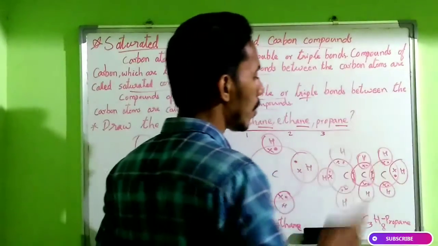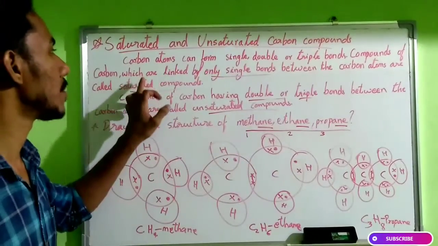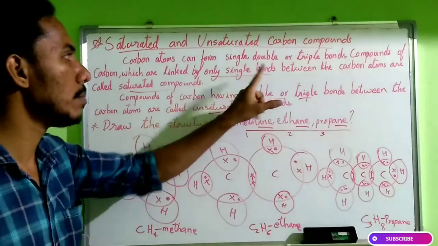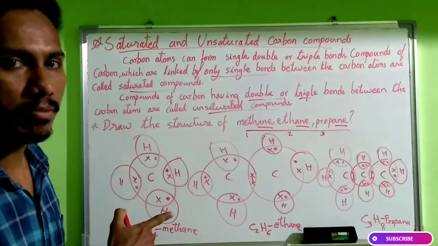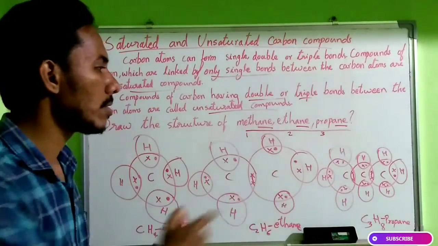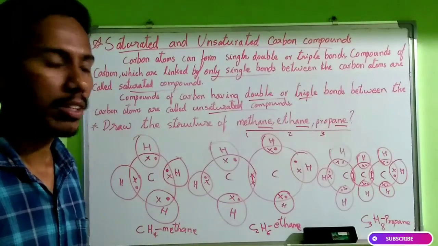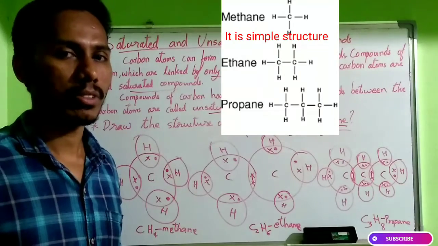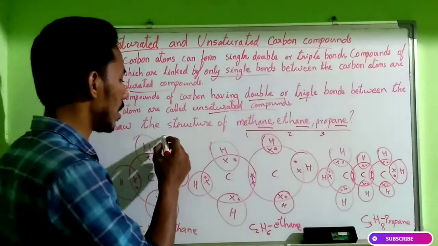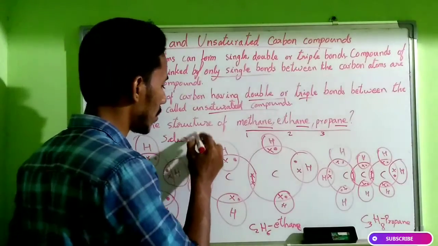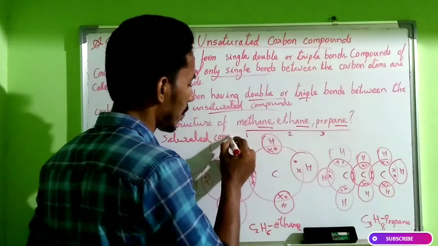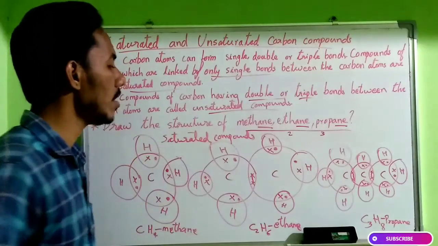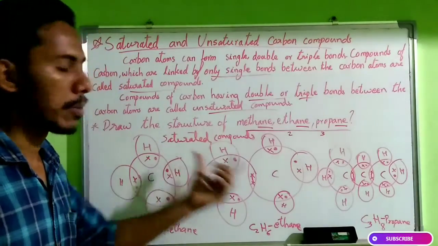These are single bonds. By definition, a saturated compound contains only single bonds. Is there any double bond here? These 3 compounds contain only single bonds, so these compounds are saturated compounds.